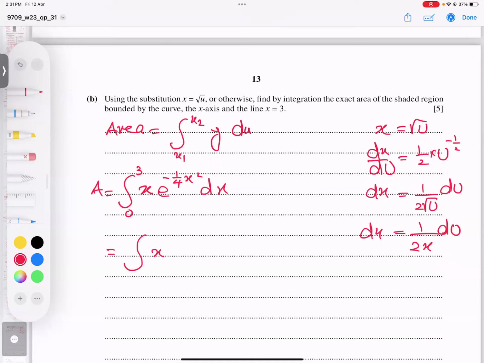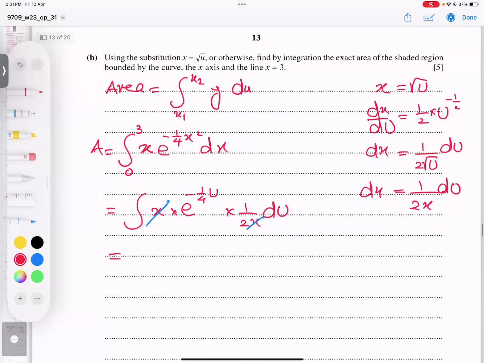If I plug in root x here, the root and square will cancel, and I get e to the power negative 1 over 4 u. And the dx value is this one, 1 over 2x du. This x will cancel with x, and ultimately, if we check it carefully, we get a half, which I can write outside, and e to the power negative 1 over 4 u into du.